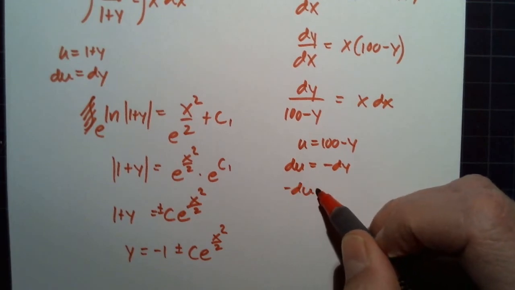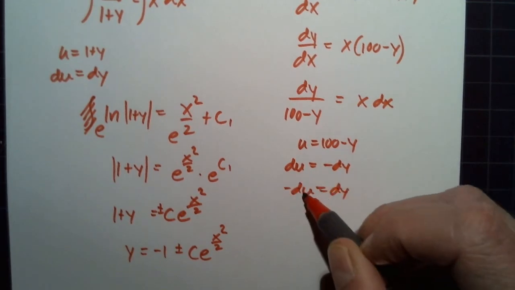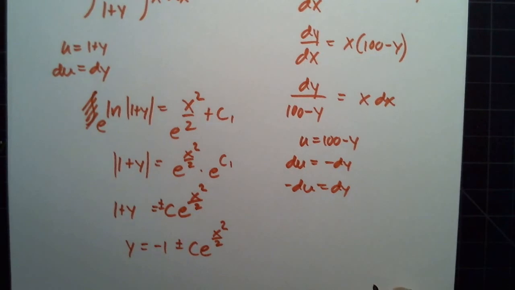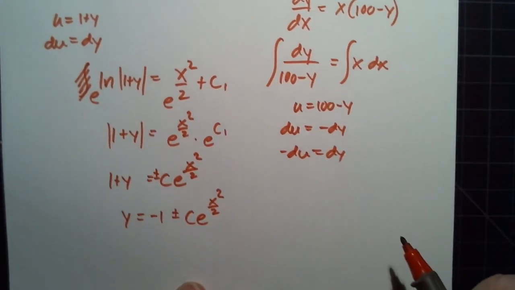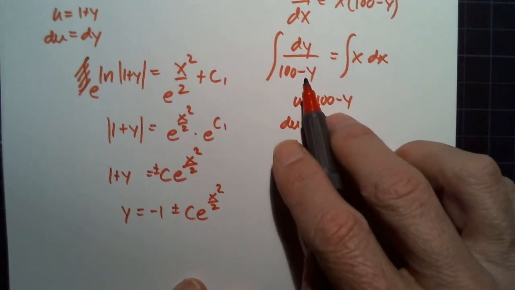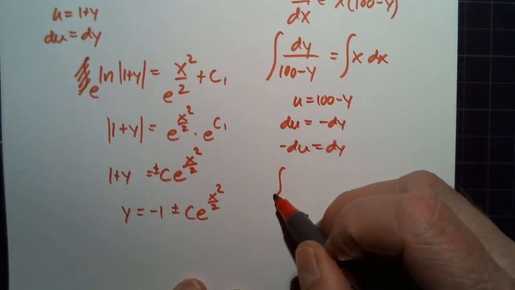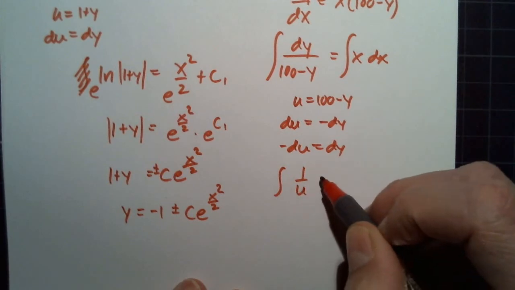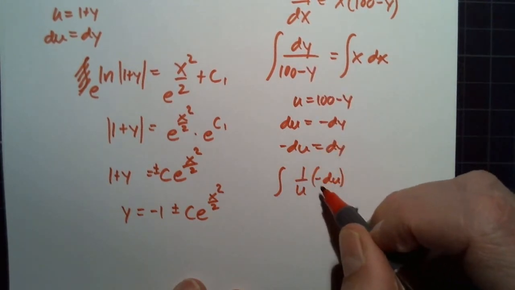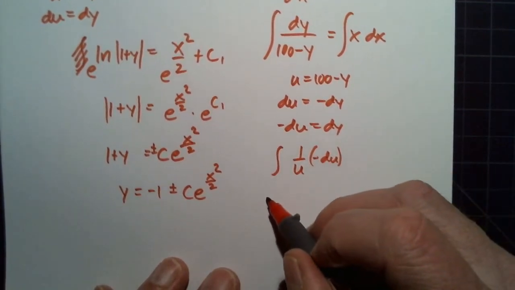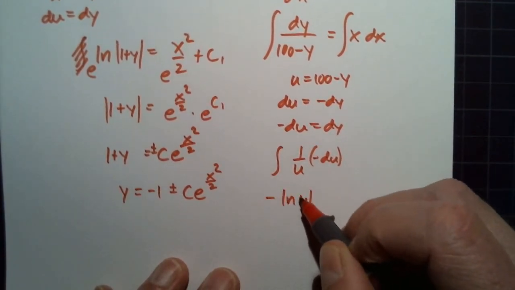So we just have to make sure that we put in a negative when we do the antiderivative. So when we do this one, if we had 1 over u and then dy is negative du, that gives us that negative. So it's going to be negative ln u.